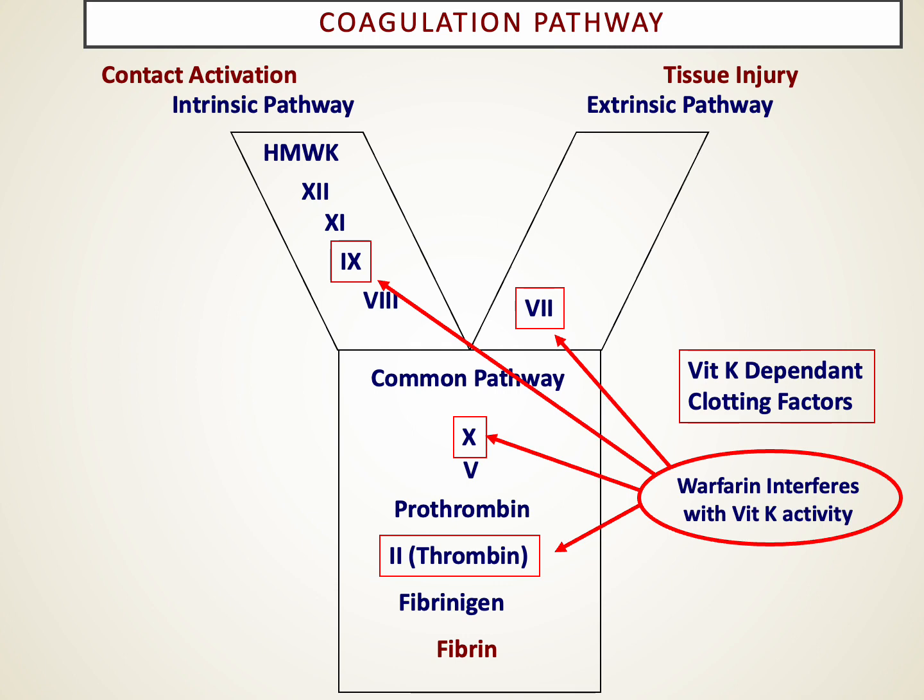So when we think of warfarin, for example, and we'll talk about this in a little bit, we'll think about warfarin interfering with the synthesis of these 4 clotting factors.